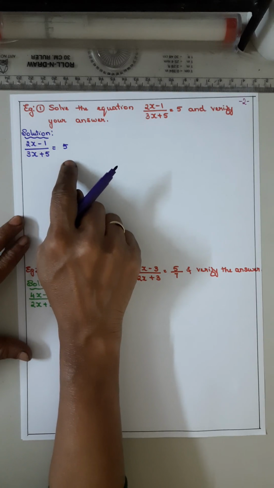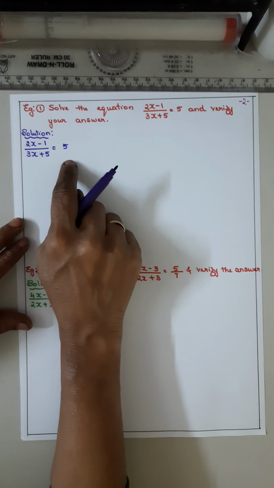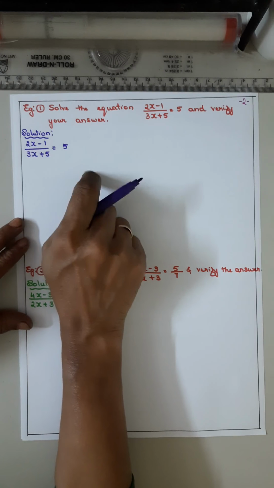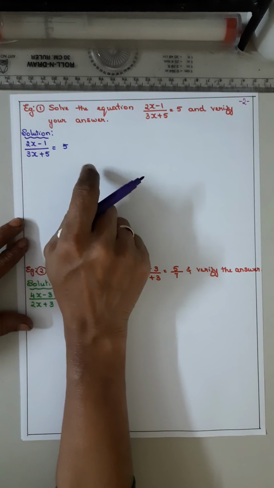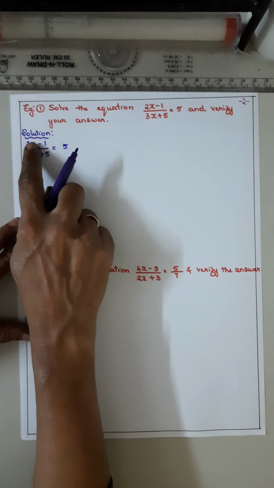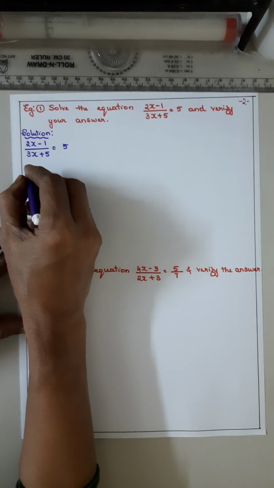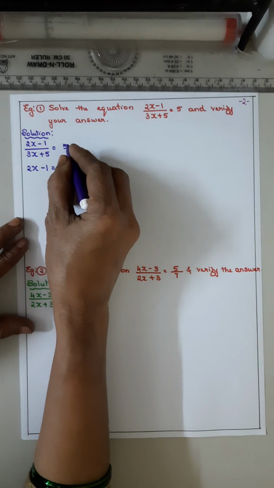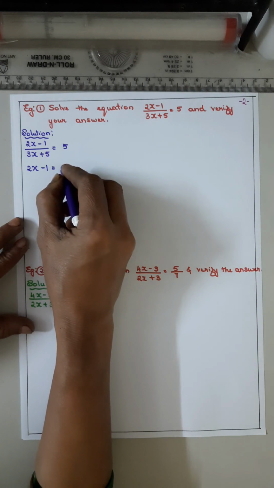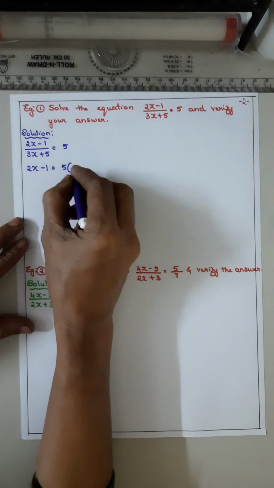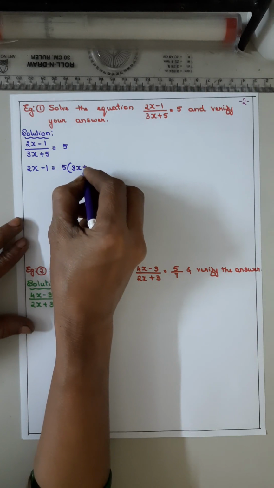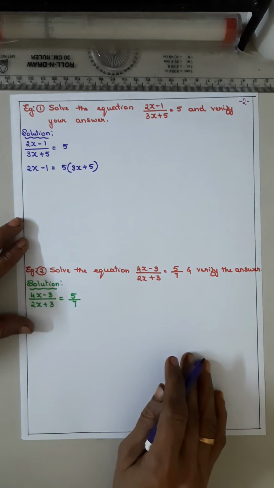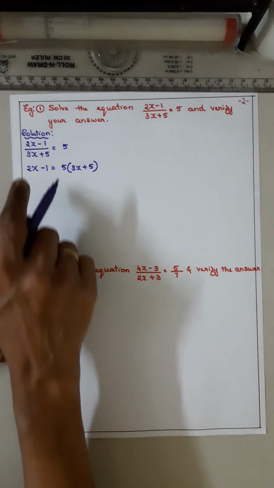When you do the cross multiplication, 1 into this, it will be the same. 2x minus 1 is equal to 5 into 3x plus 5.